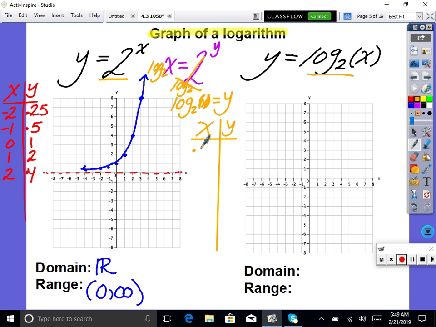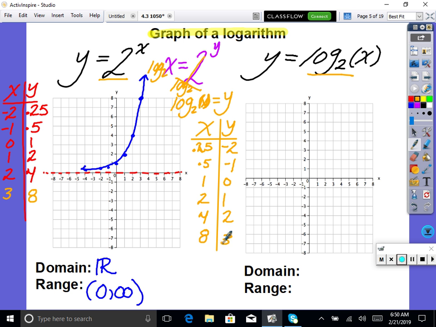So now it's 0.25, -2; 0.5, -1; 1, 0; 2, 1; 4, 2; and then 8, 3. Nope, I didn't switch that one right. 8, 3, right? My bad.